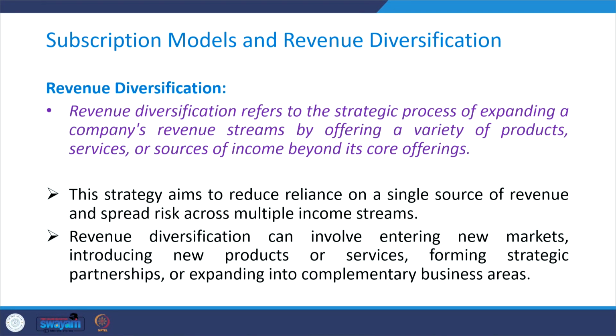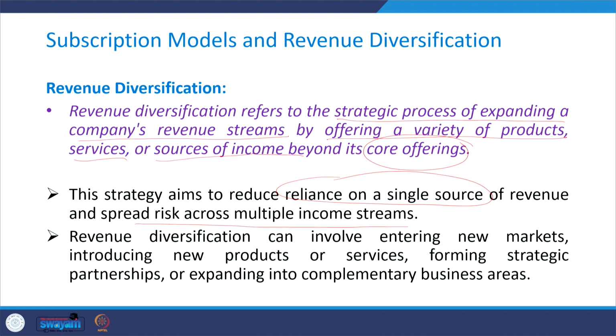So, all this leads us to the discussion about revenue diversification. So, what is it? Revenue diversification refers to the strategic process of expanding a company's revenue streams by offering a variety of products, services, or sources of income beyond its core offerings. As we've seen in terms of Apple, Amazon, and Virgin Group, this strategy aims to reduce reliance on a single source of revenue and spread risk across multiple income streams.